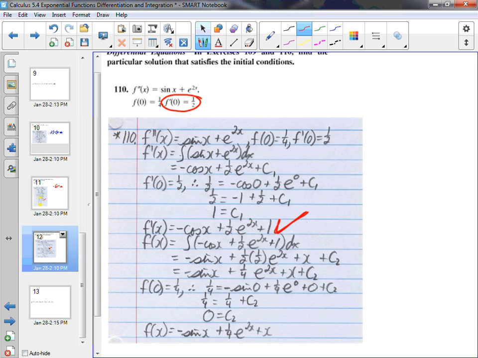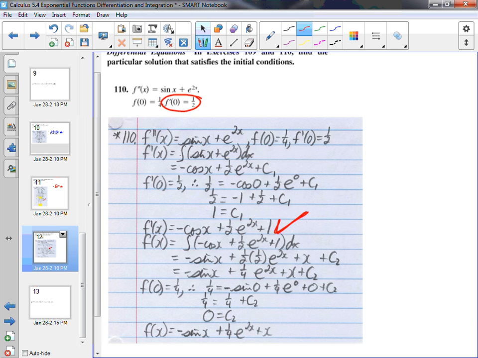Once you have the particular solution for f prime, take its integral, that gives you the general solution for f double prime, then use your conditions, and that'll give you the particular solution for f, or for f. I said f double prime for f. Okay? So let me restate that because I messed it up. Once you have f prime, take its integral. That gives you the general solution for f.